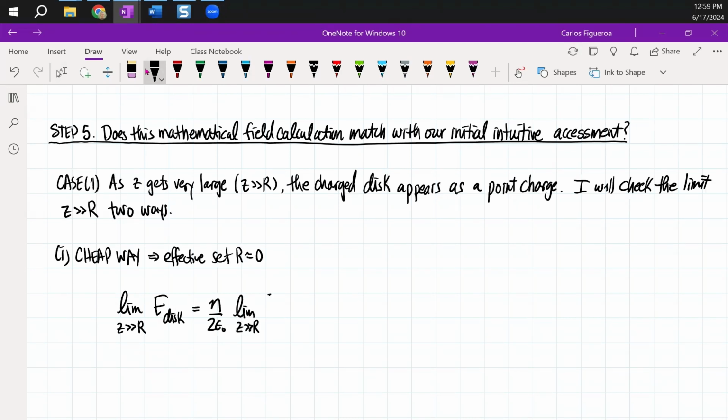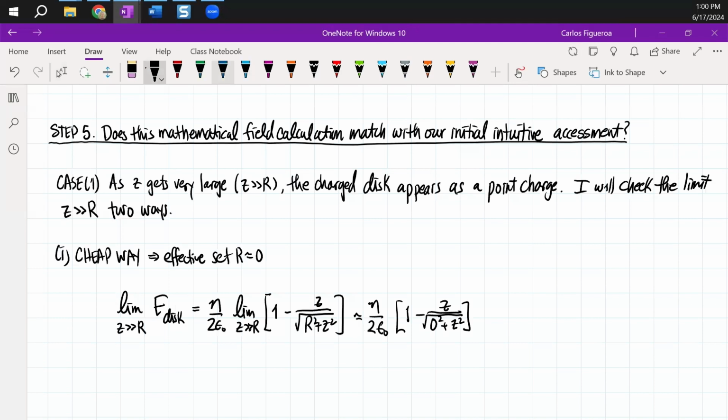So then I have this square root of r squared plus z squared divided into z. And what we're seeing here is that if we approximate it like that, then I'm going to get 2 epsilon naught, and then I'm going to get a term that reads 1 minus the square root of 0 plus z squared over z.